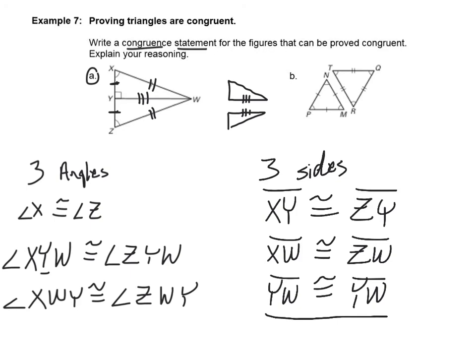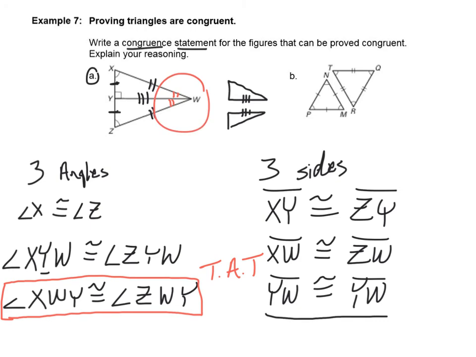And the last thing I want to note before we move to our congruence statement is these angles at W. I knew that they were going to be congruent because what I was using was the third angles theorem. All right, that helped me show that those last angles that weren't marked had to be congruent. Last thing I want to finish with is my congruence statement.